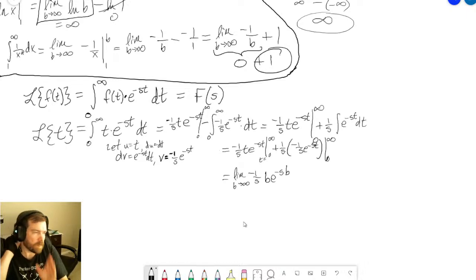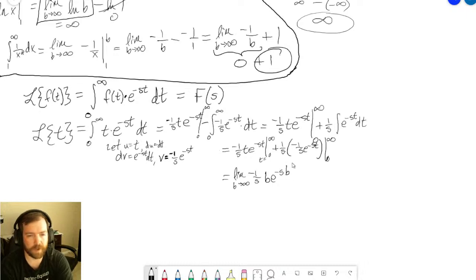Is b, a linear b, this term here, going to go off to infinity, or is e to the negative sb going to cause the e to do something faster? And the answer is, well, of course, exponentials pretty much always win. So certainly over a linear function.